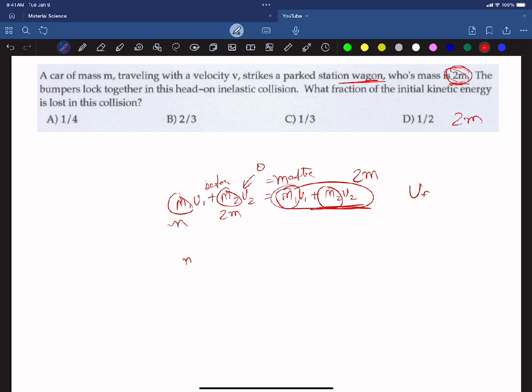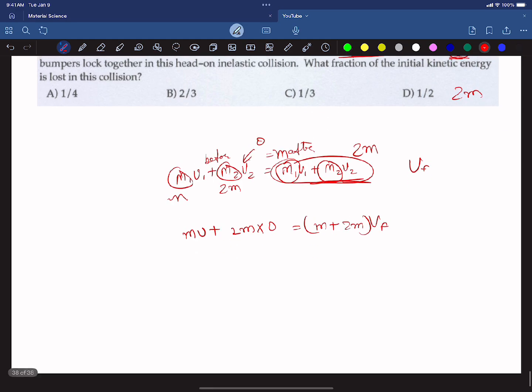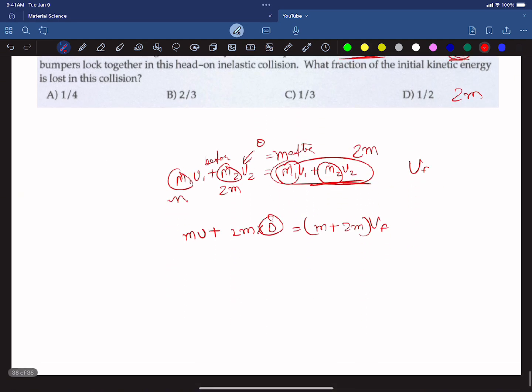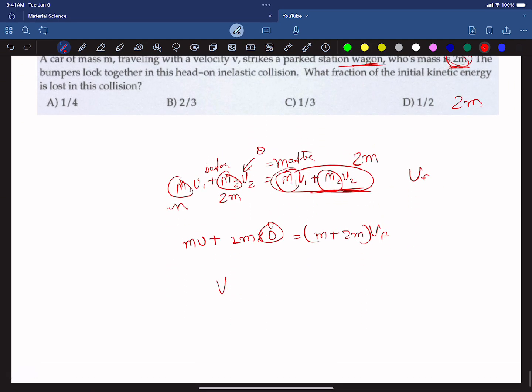So now we have mv plus 2m times 0 is equal to m plus 2m times vf. This is 0 because the initial velocity of the wagon is 0. Now vf is equal to v by 3. You just need to rearrange this equation.